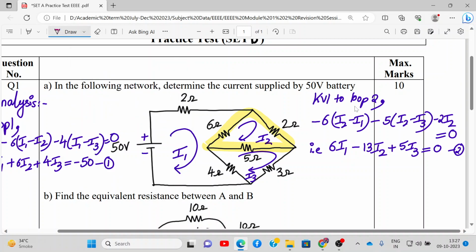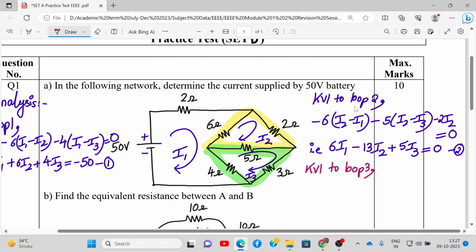All right. Now we apply KVL to the third loop. I'm marking it with green color over here. So we'll write KVL to loop 3. What do we get? This 4 ohm is set between loop 3 and 1, and the 5 ohm is set between loop 3 and 2.